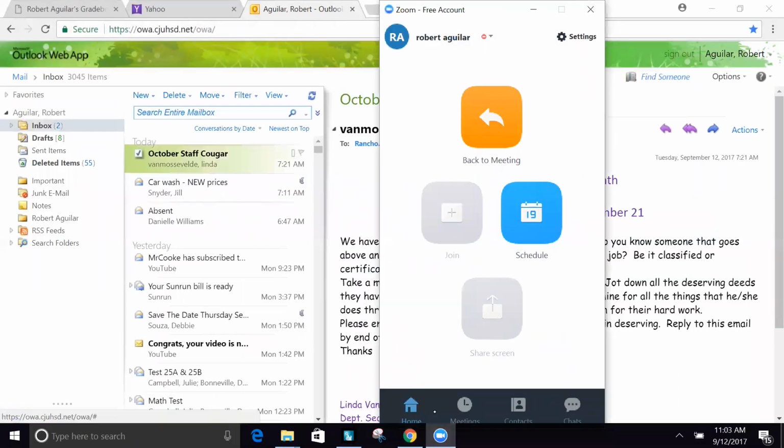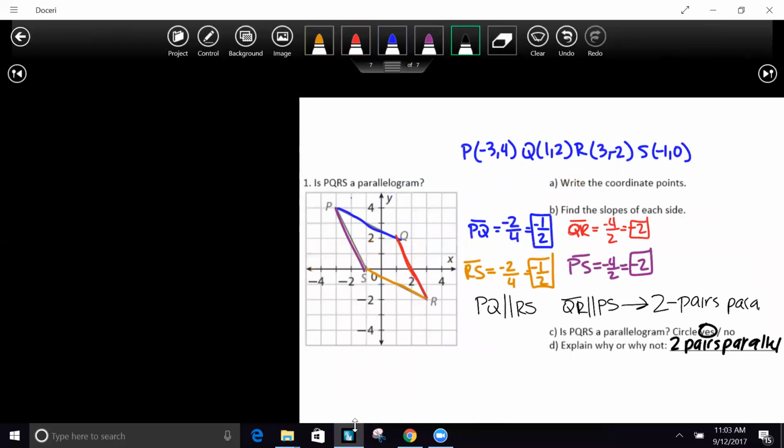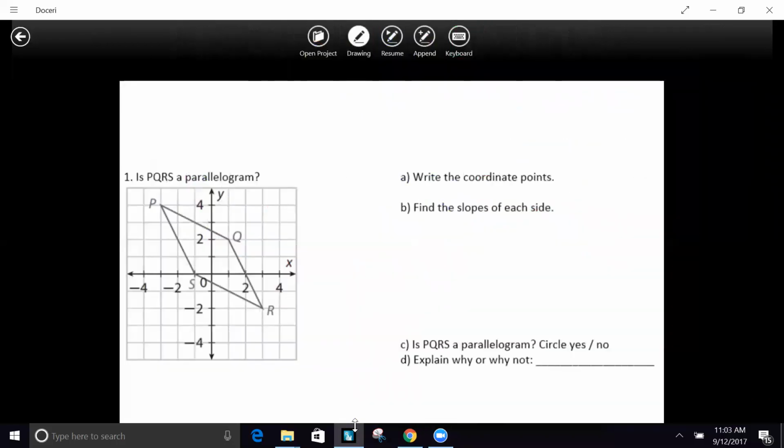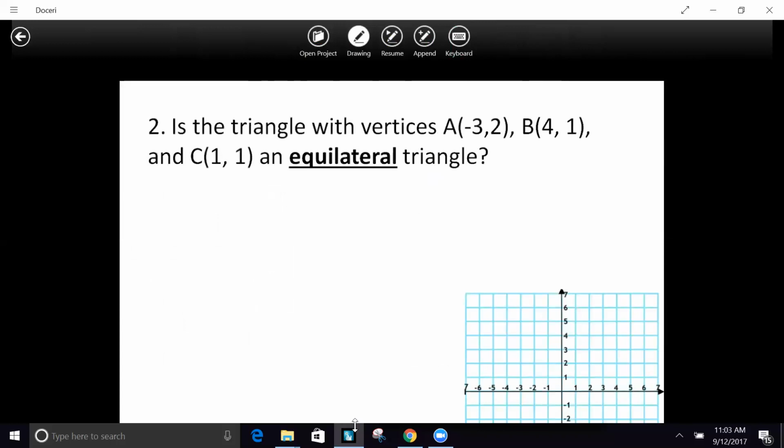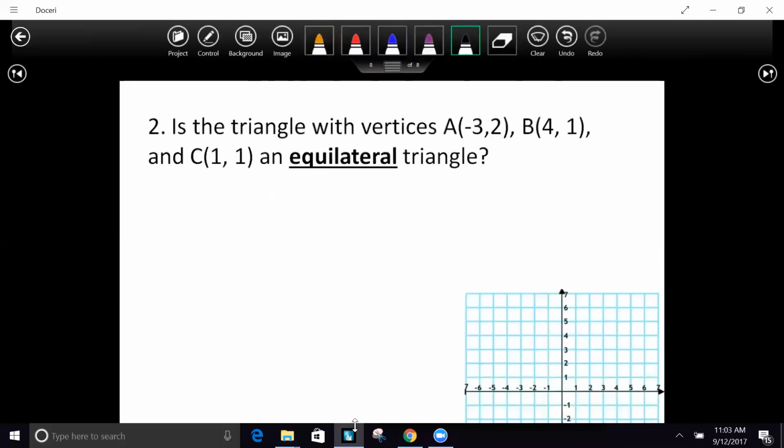Okay, let's try out another problem. Try these problems out. I'm going to change up C to a specific type. Oh, come on. Don't copy C yet.